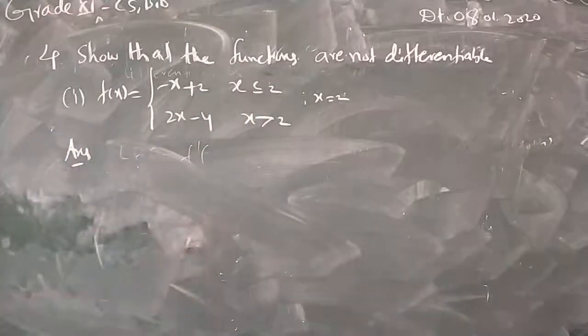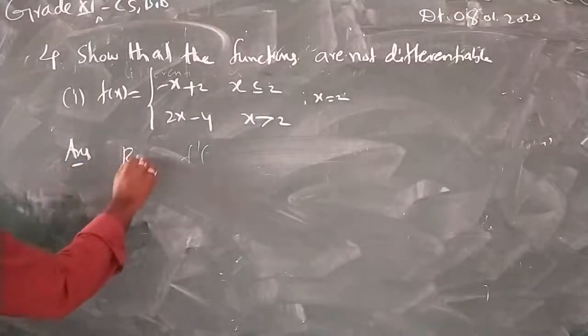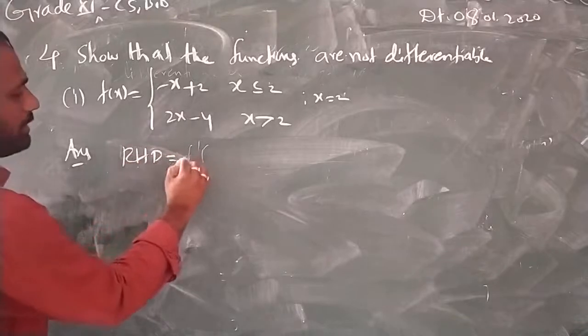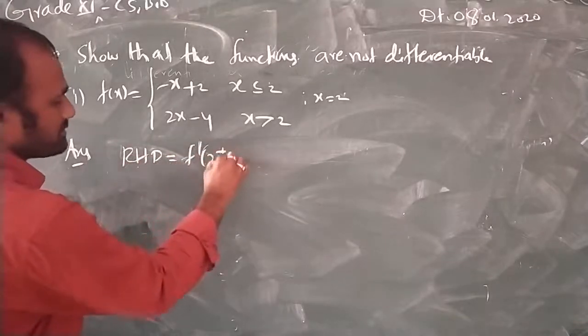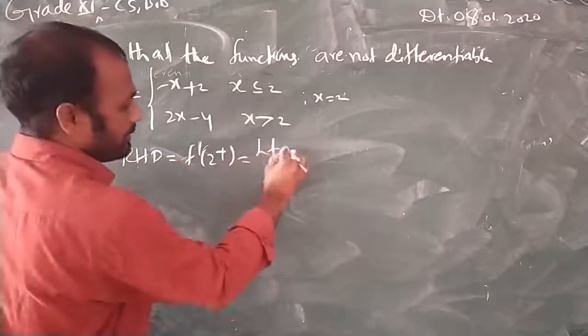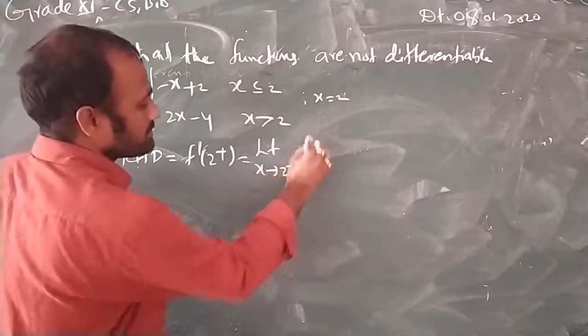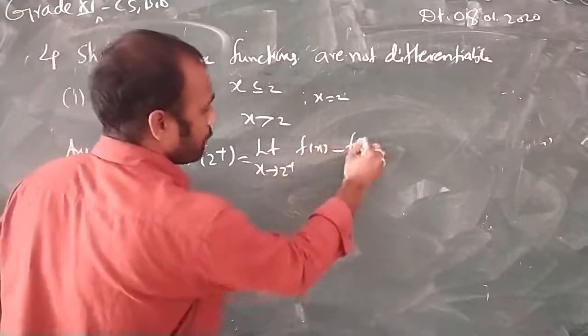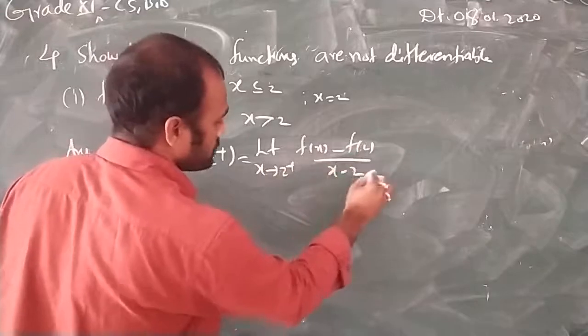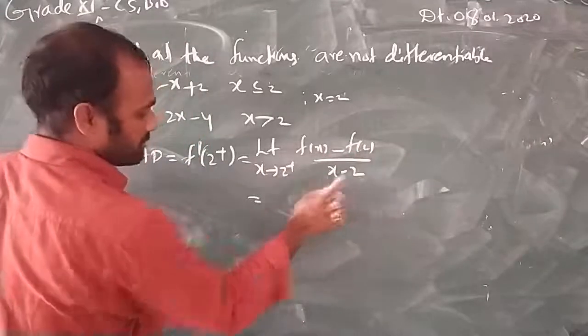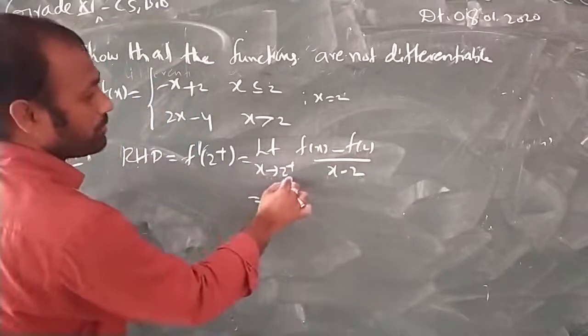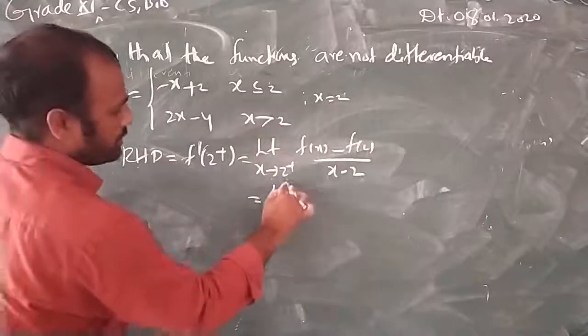Now let me check the right hand derivative, f dash of 2 plus. That is limit x tends to 2 plus of f of x minus f of 2 divided by x minus 2. Limit 2 plus means more than 2, so I need to take the function 2x minus 4.